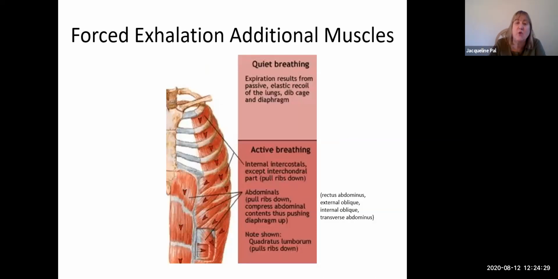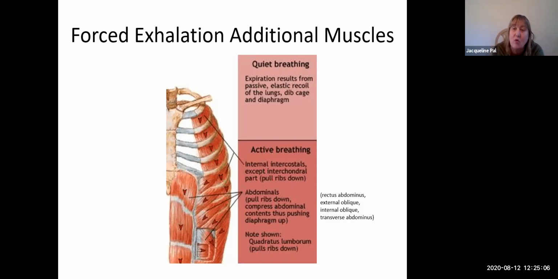But in forced exhalation, we are going to have passive relaxation of any muscles that were used in our inhalation, but now we're also going to involve our internal intercostals because they will pull our ribs downward, and we're going to involve all our abdominal muscles, which means your rectus abdominis, your external obliques, your internal obliques, and your transverse abdominis, all of them compressing your abdomen to push that diaphragm even higher.